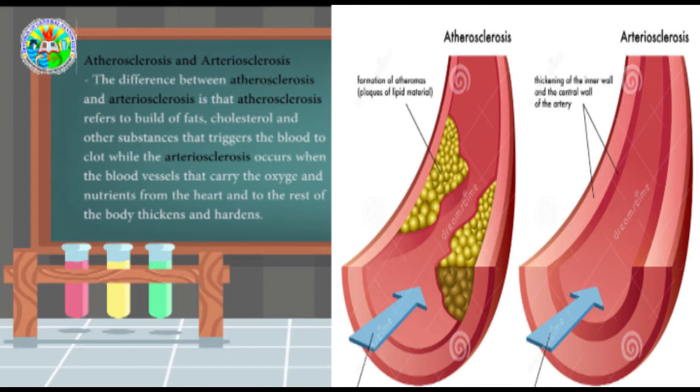The difference is that atherosclerosis refers to a buildup of fats, cholesterol, and other substances that triggers the blood to clot, while arteriosclerosis occurs when the blood vessels that carry oxygen and nutrients from the heart to the rest of the body thicken and harden. A person with atherosclerosis and arteriosclerosis is advised to undergo medication and surgical procedures and to change lifestyle.